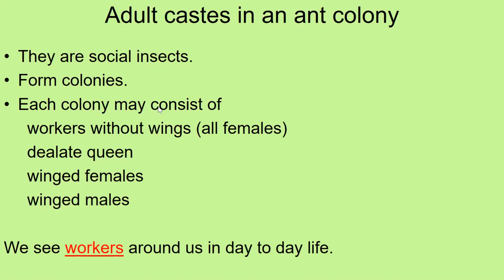Each colony may consist of workers without wings, all females; dealate queen, dealate meaning wingless queen; winged females, females with wings; and winged males. We see workers around us in day-to-day life. Of all the ants we see around us, the majority are workers.